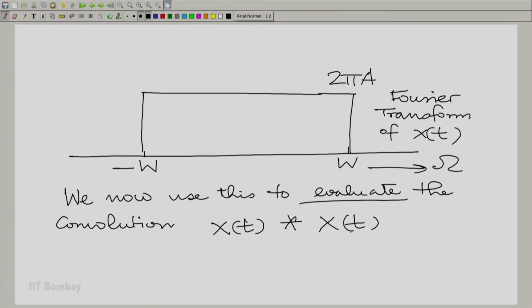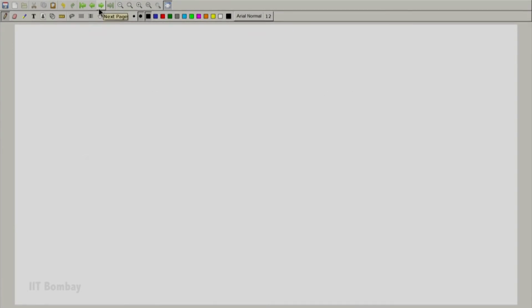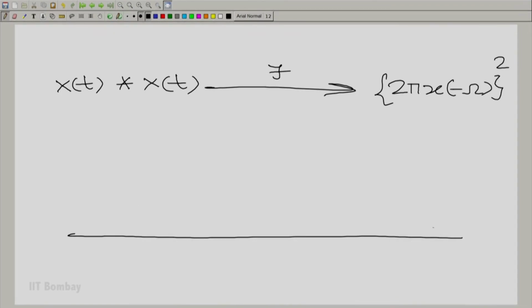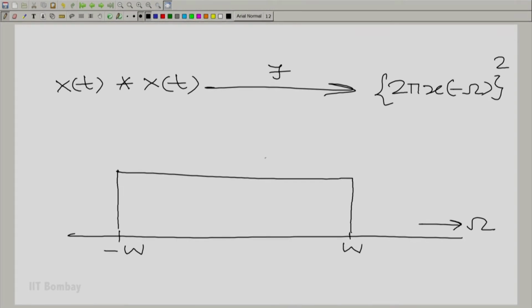Now, of course, if I take the Fourier transform, x t convolved with x t has the Fourier transform 2 pi small x minus omega the whole squared, and we can easily write this down, we can sketch this.